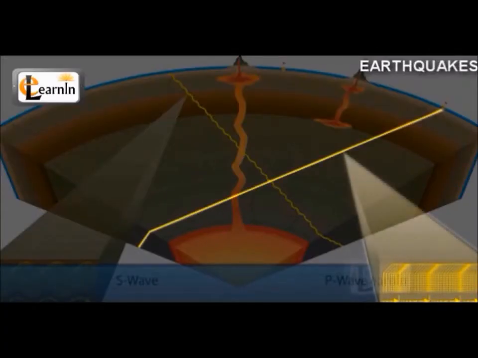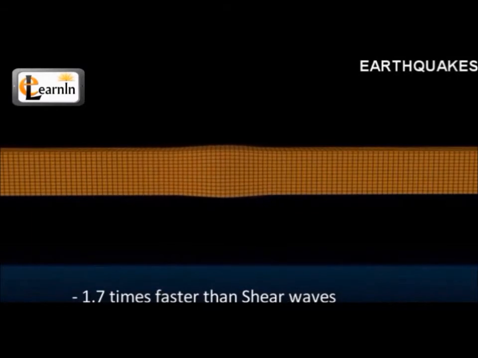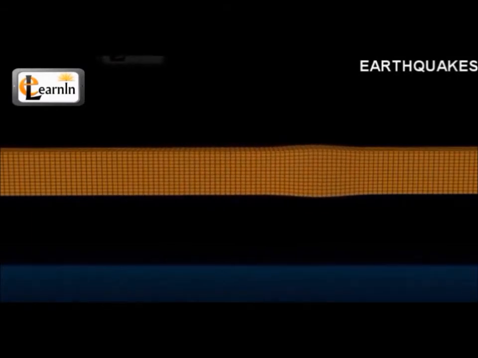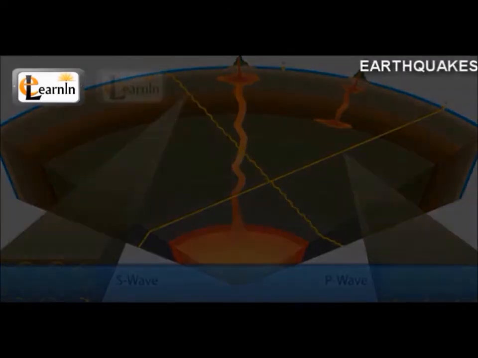Compressional waves are the first to reach the earthquake recording station as they travel 1.7 times faster than the shear waves and are therefore called primary or P waves, while the shear waves are called secondary or S waves.